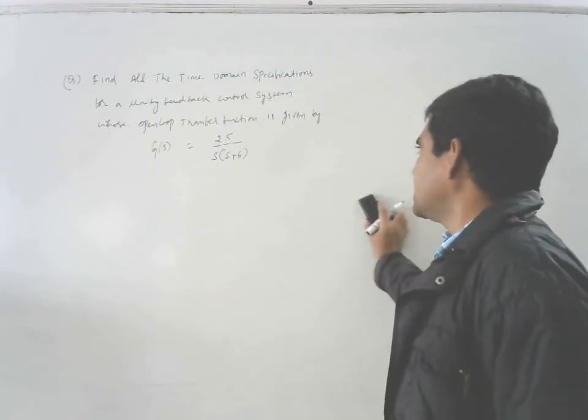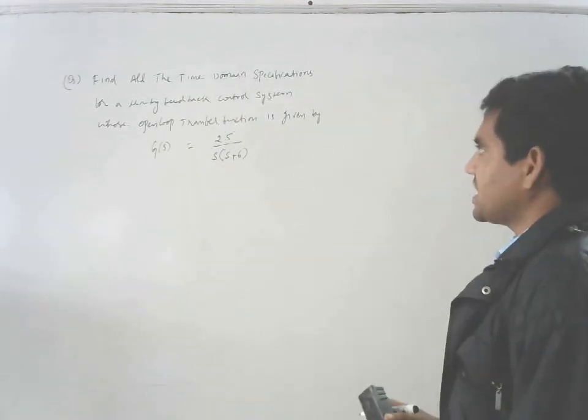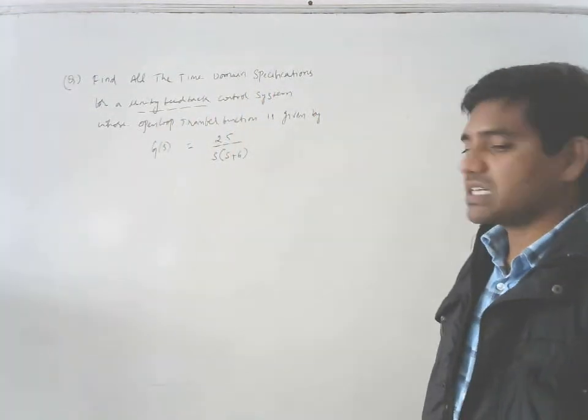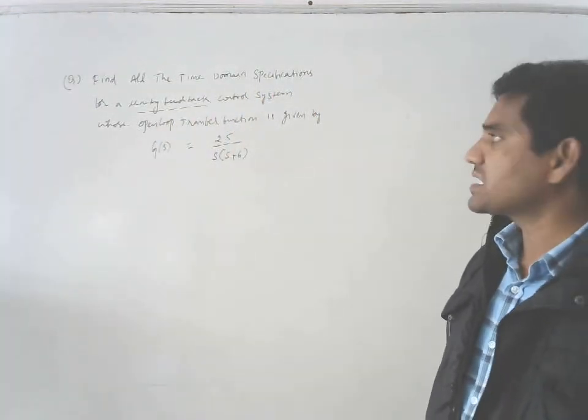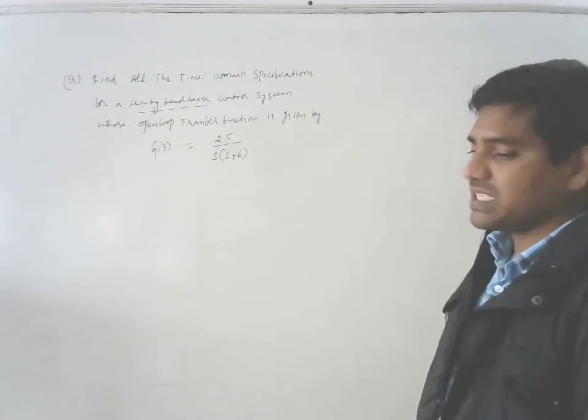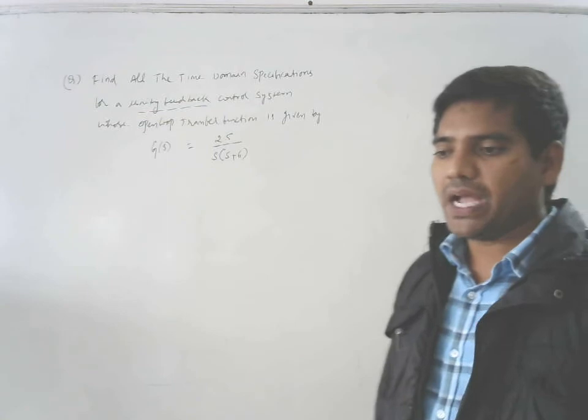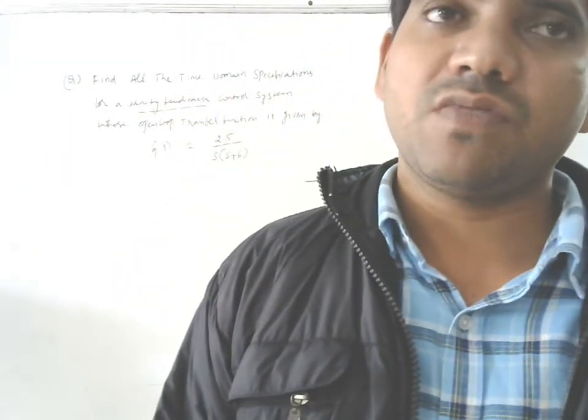But which feedback system did he mention? A unity feedback system. Now what is the transfer function of a unity feedback system? If we mention positive feedback, then we need to take positive feedback. If we do not mention feedback, that means we can consider it as a negative feedback system.